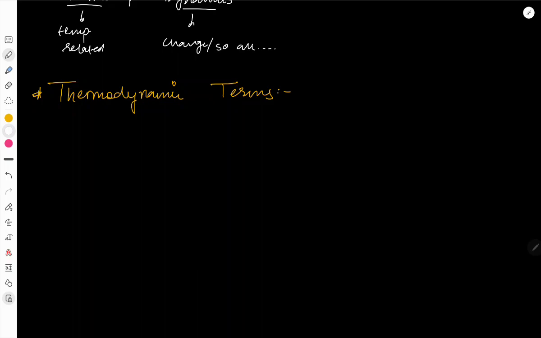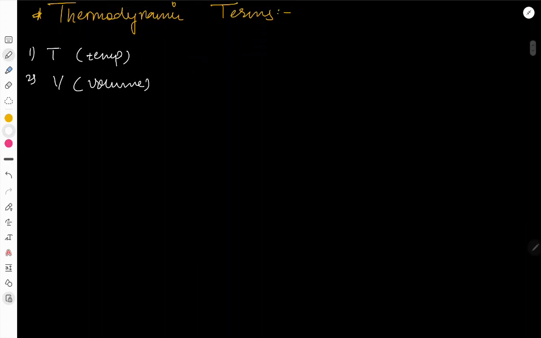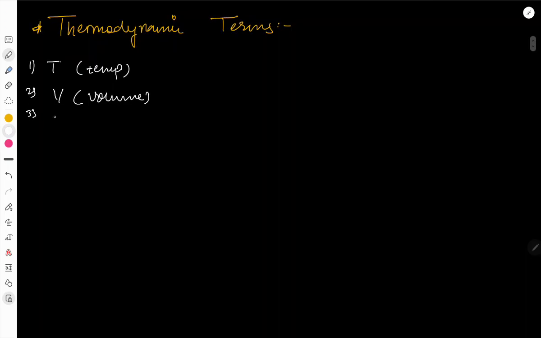In these terms, there are some basic terms which we already know, which include some obvious terms like temperature, which is denoted by T. Then the second one is V, that is volume. Then the third one is pressure. These would be our standard symbols throughout our chapter.